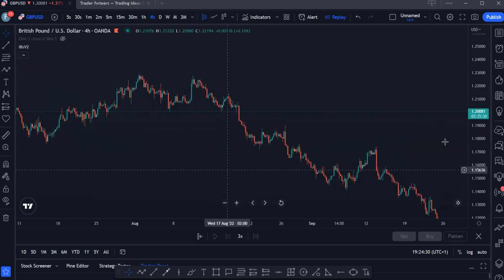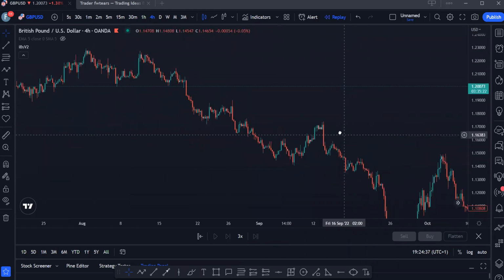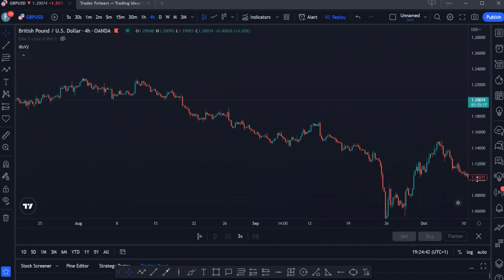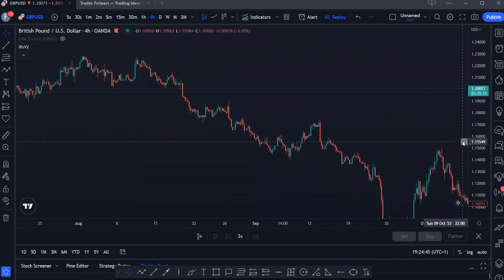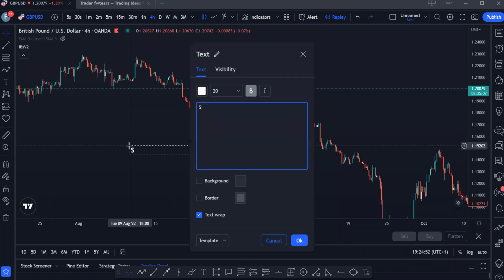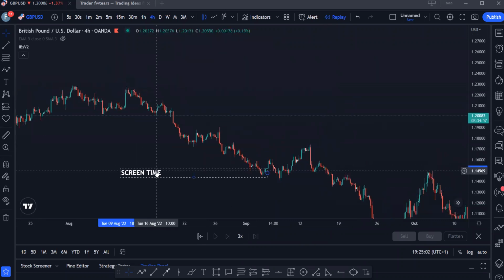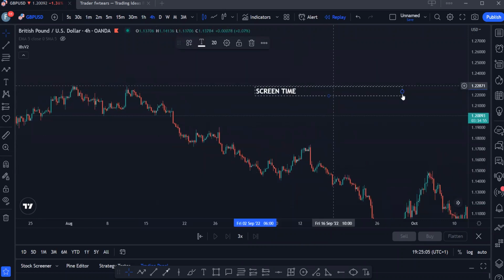Like I always tell people, it's very important that you cannot take away the place of screen time. Let me write this down for emphasis sake. Screen time. In other words, you have to spend time on the chart.